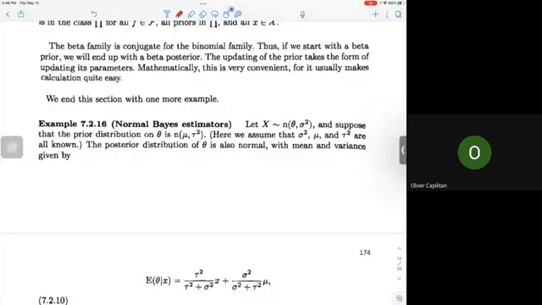Here we assume that our sigma square, our mu, and our tau square are all known. So the only unknown in this problem is our parameter theta, but fixed. Unknown but fixed. The parameters of our sampling distribution of X are all known.